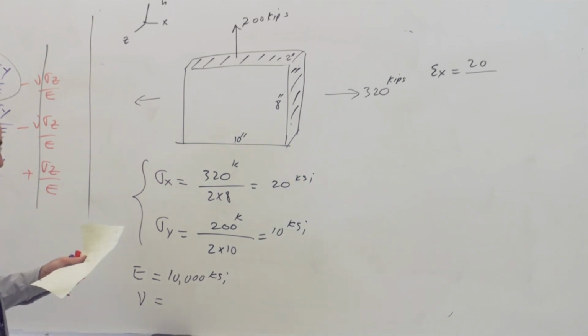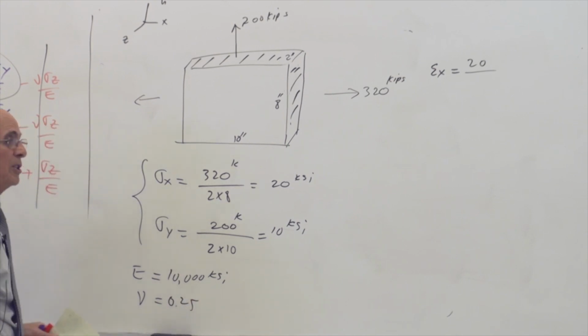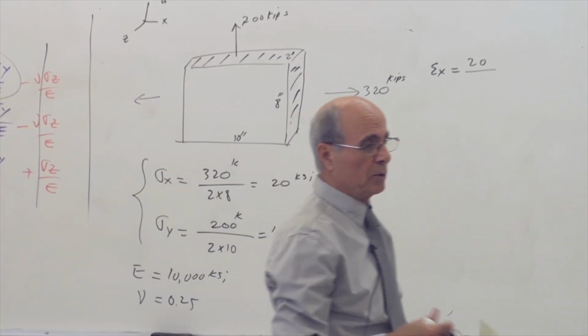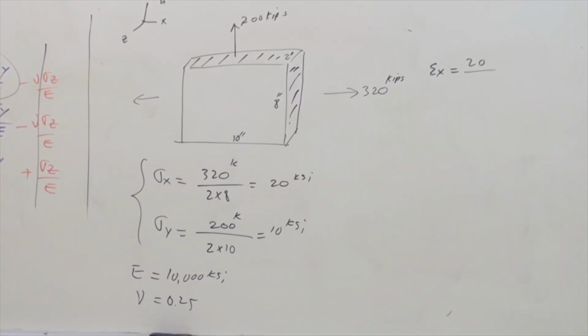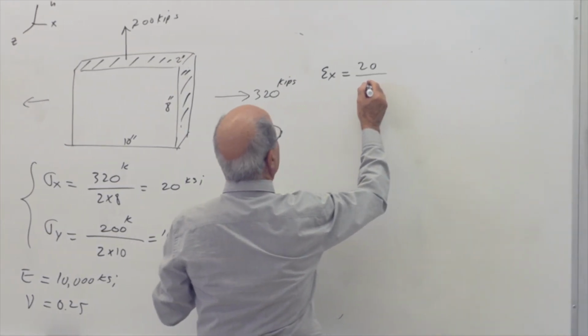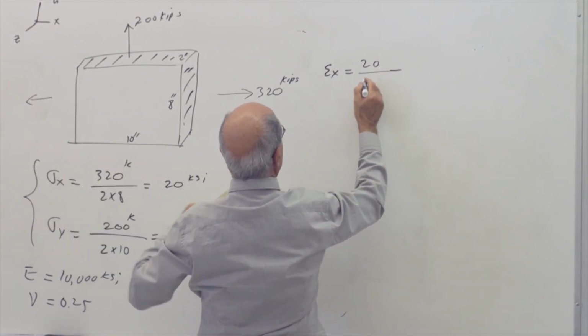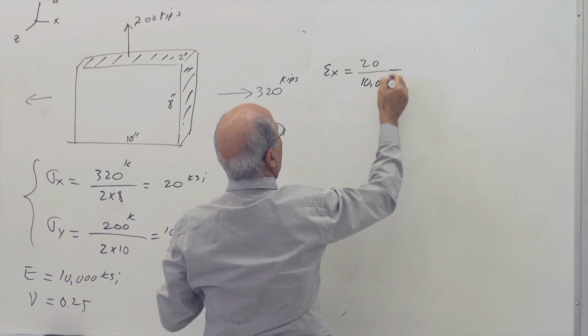Don't do the same thing as you did in your quiz. And the nu is 0.25. So whatever you're creating in one direction, 25% goes to the other side, with negative format.